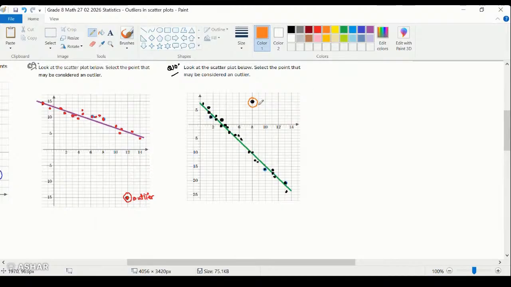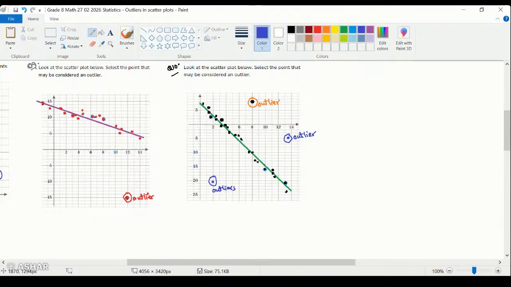We say this is an outlier. Or if I even mark another point over here, it would still be an outlier, because above the line or below the line, they all are outliers because they are very far away from the line of best fit that we drew.